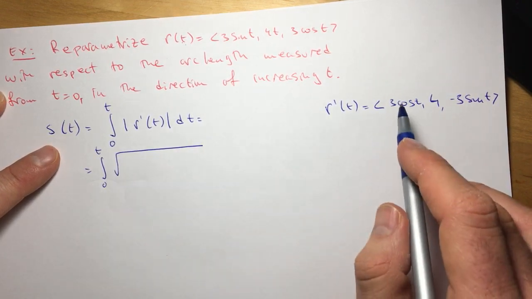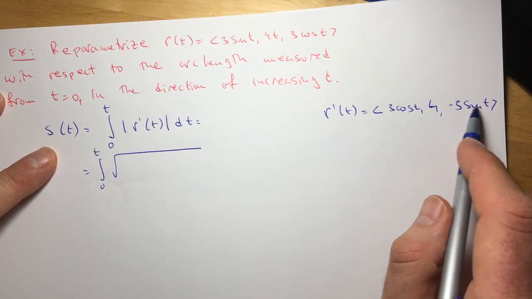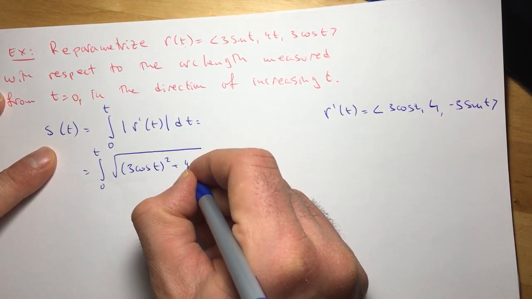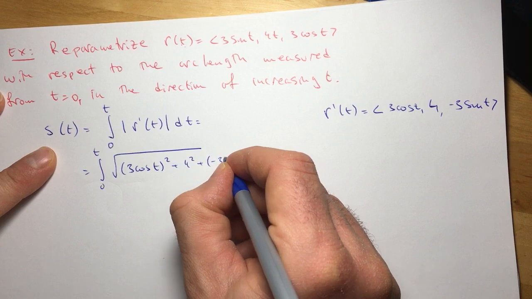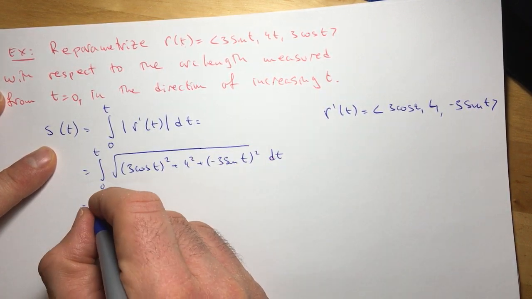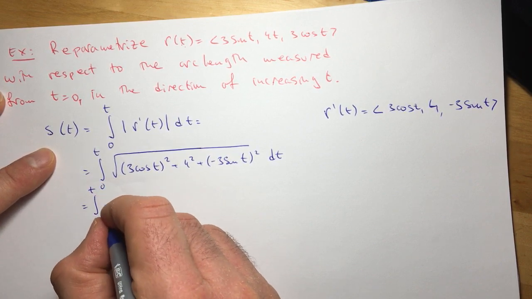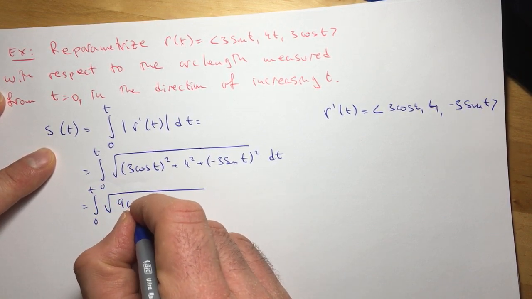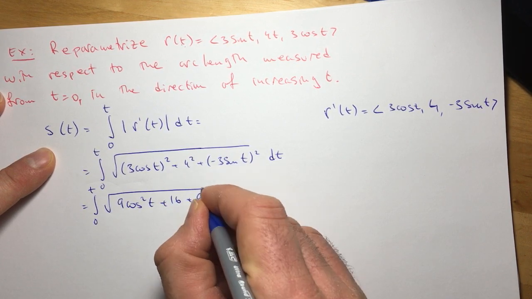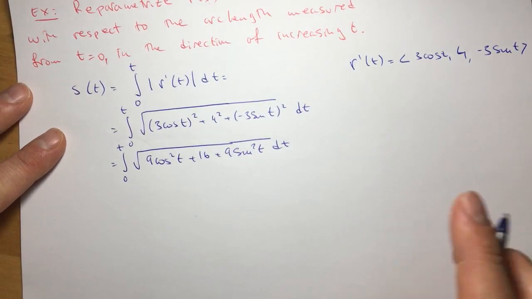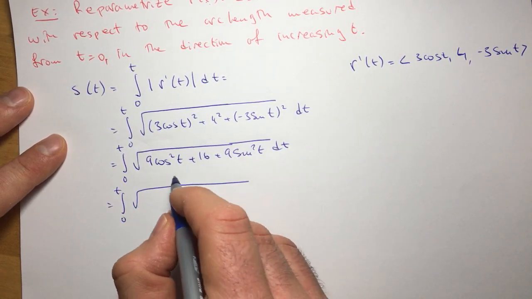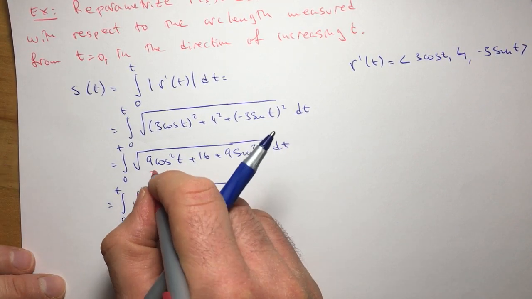The magnitude is the square root of the sum of the squares of the components, so 3 cosine of t squared plus 4 squared plus negative 3 sine of t squared dt, which is equal to the definite integral from 0 to t of the square root of 9 cosine squared t plus 16 plus 9 sine squared t dt. What can we simplify here?